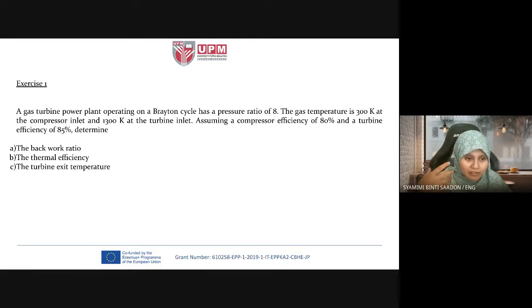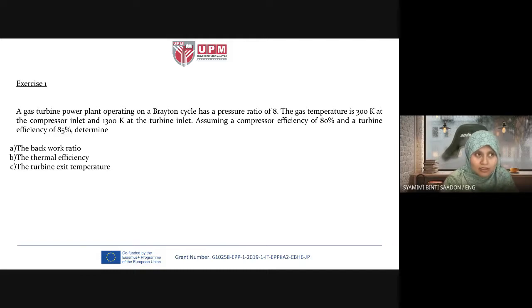Then we will get the cycle efficiency or the cycle network output. So usually we have to start from the beginning, even though it doesn't ask you to calculate the compression work, etc. But we need to start from the first point location.